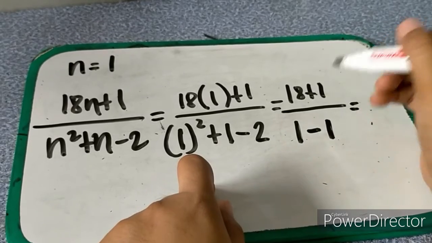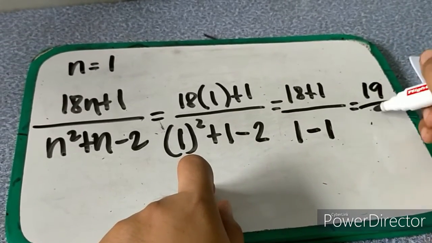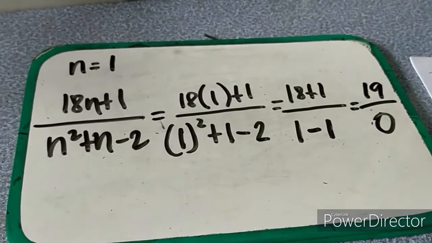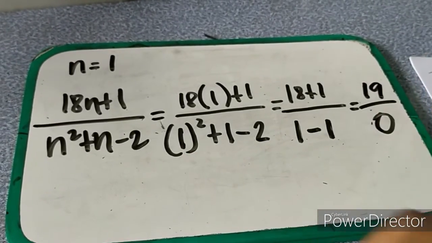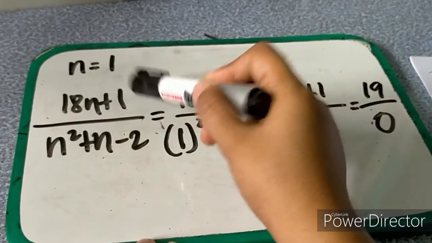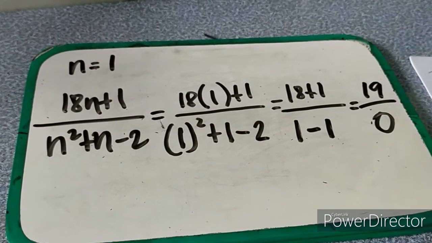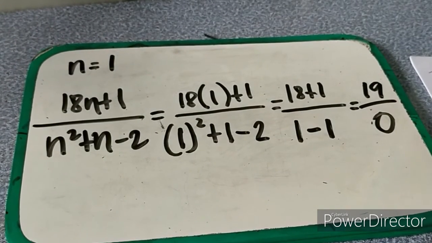Then simplify, 18 plus 1 is 19 over 1 minus 1 is 0. So, it is correct that n is equal to 1 is an example of the excluded value of the expression 18n plus 1 over n squared plus n minus 2. And that is excluded value.